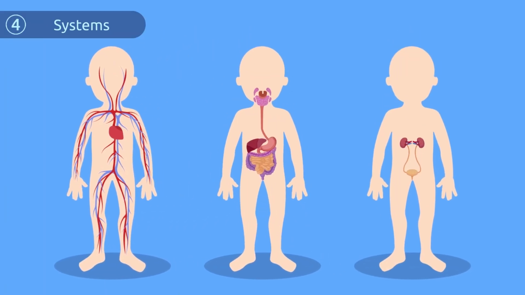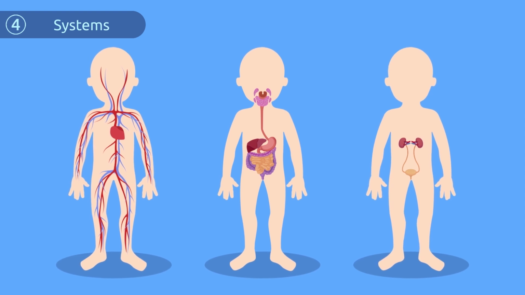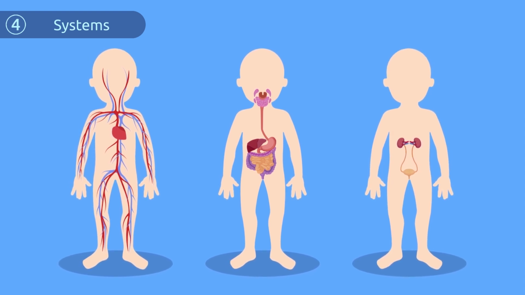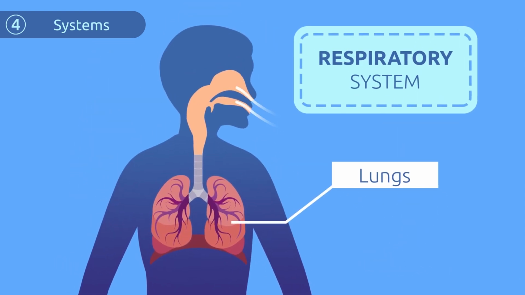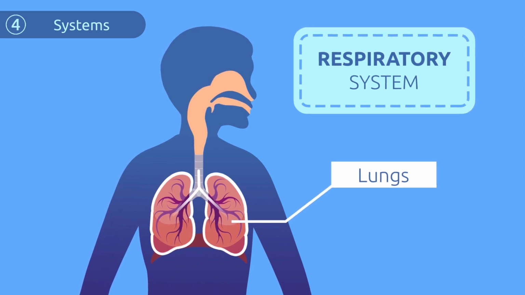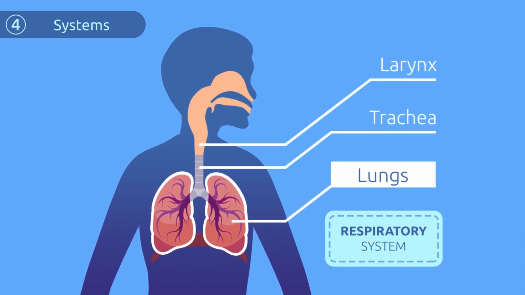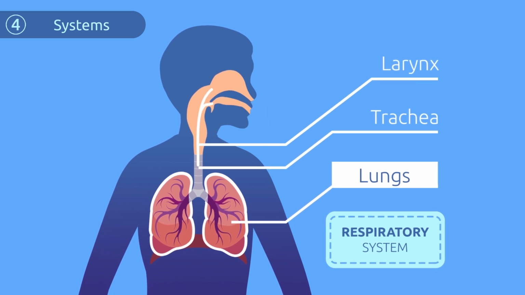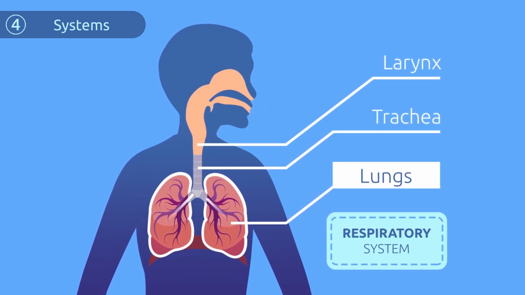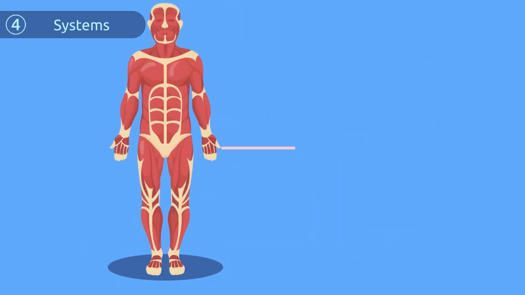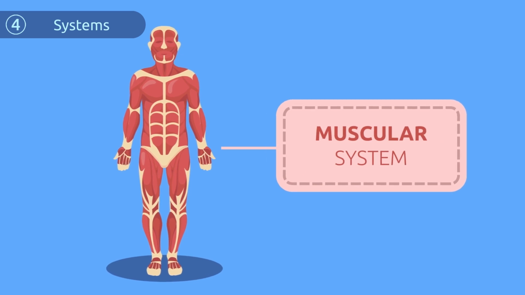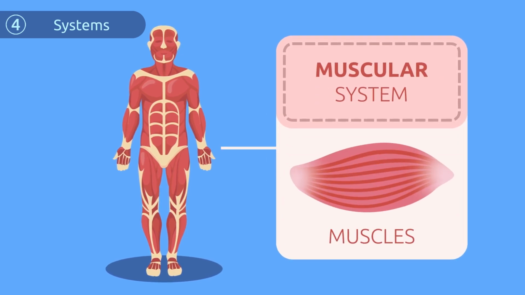Systems are made up of organs that work in a coordinated manner to perform a function. Do you think our lungs would do us any good if we didn't have the larynx or trachea? Of course not. Each organ has a function, and together they make our body work. For example, the muscular system is made up of muscles.